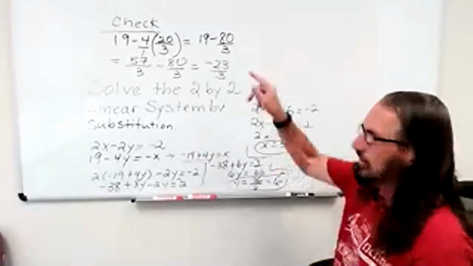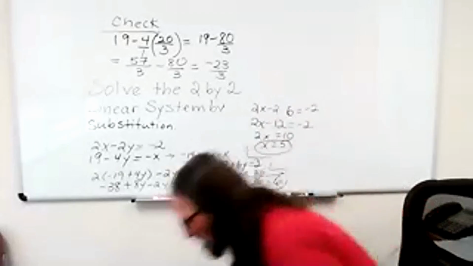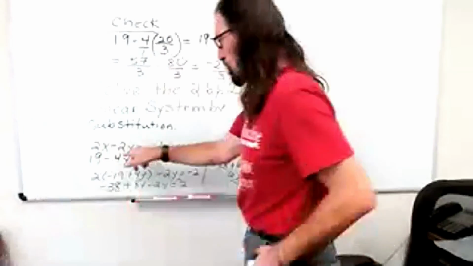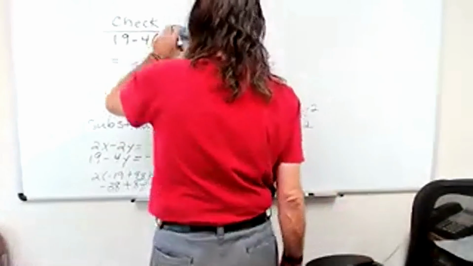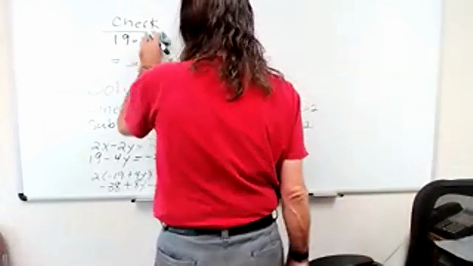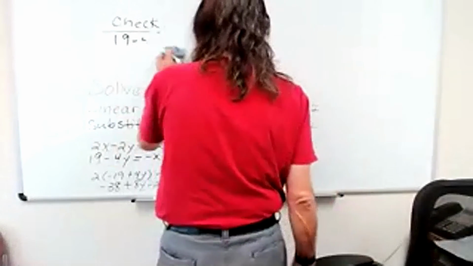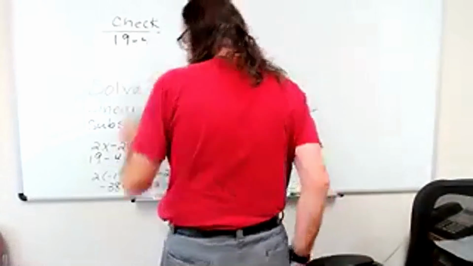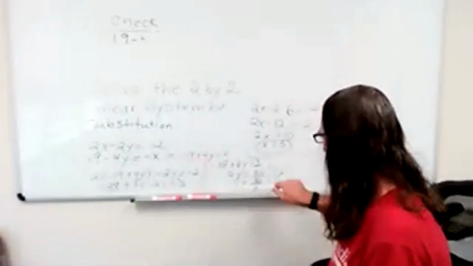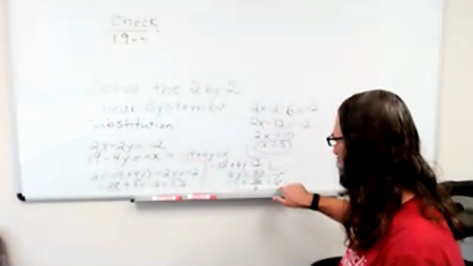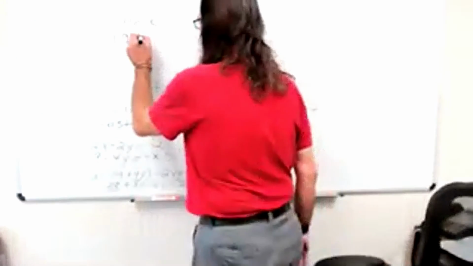Let's see if that checks in equation 2. So 19 minus 4 times y. 19 minus 4 times 6.